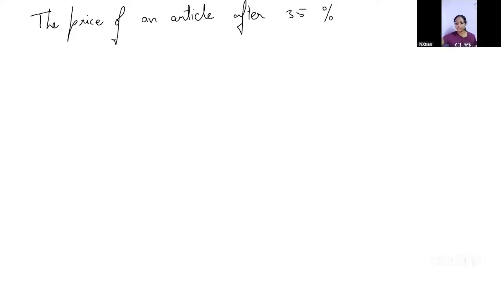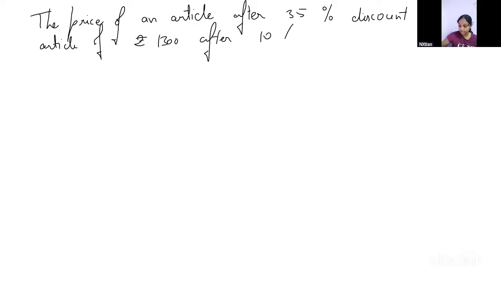Okay, now the price of an article after 35% discount is equal to another article of rupees 1300 after 10% discount.